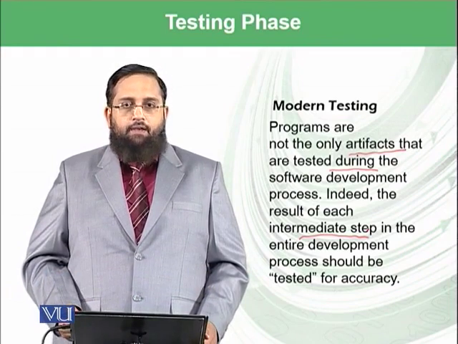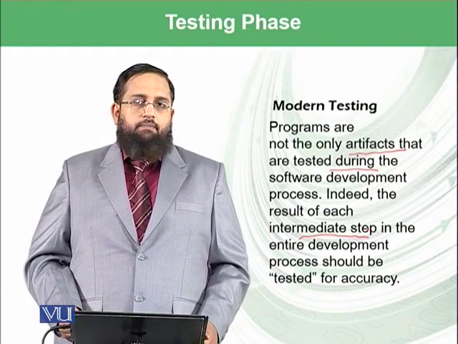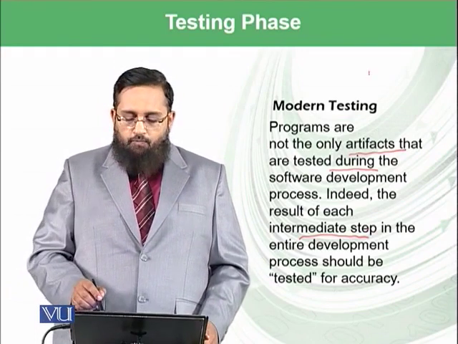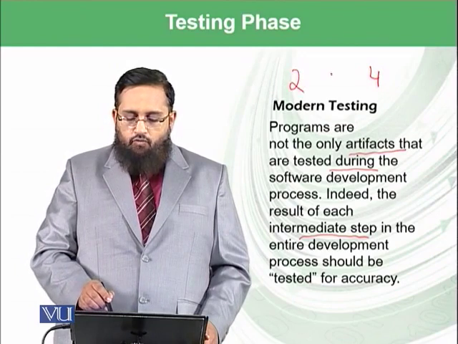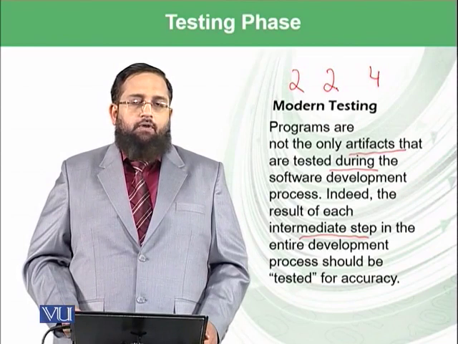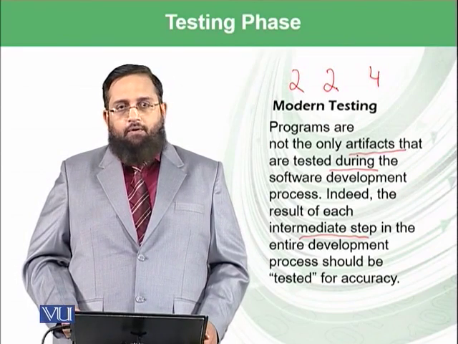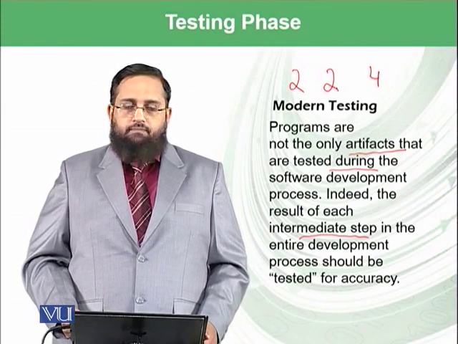I will give one example here. For example, if your system needs to produce the output of 4 for two values, 2 and 2. These are the two inputs of your program, and it needs to produce an output of 4.